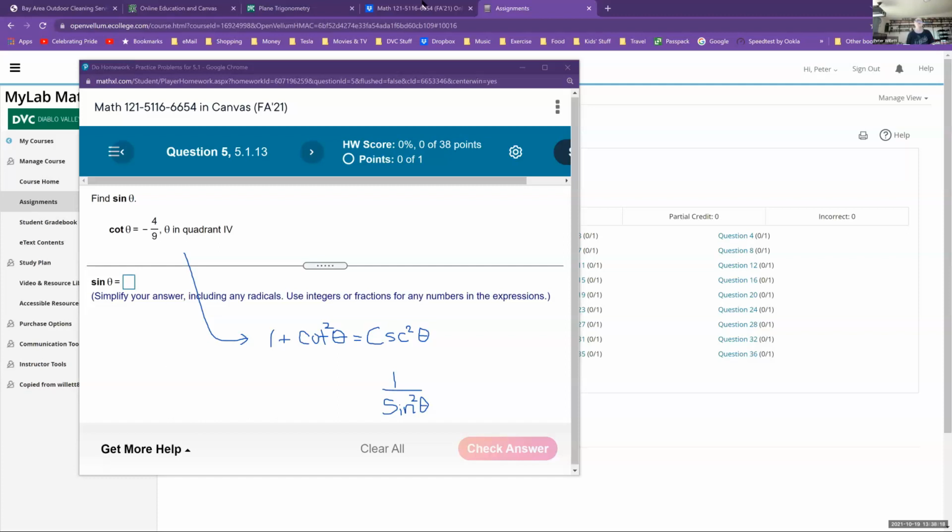Okay, so in place of cotangent, I would put -4/9, because we're told that value. And then, of course, that's squared because the cotangent is squared.